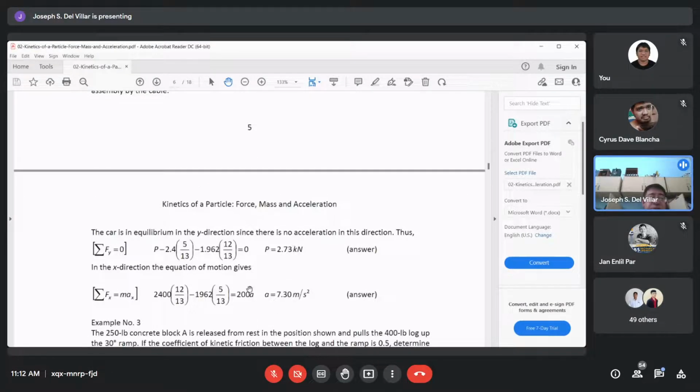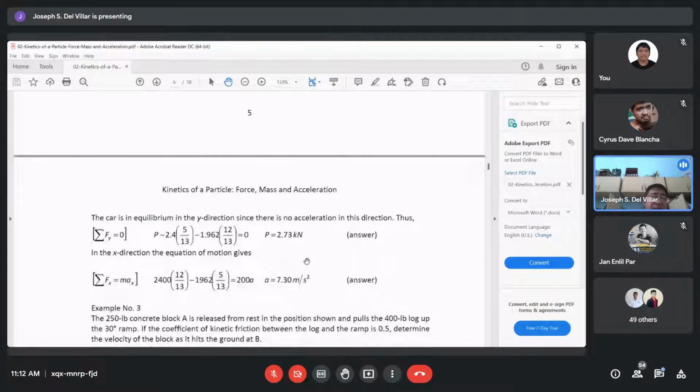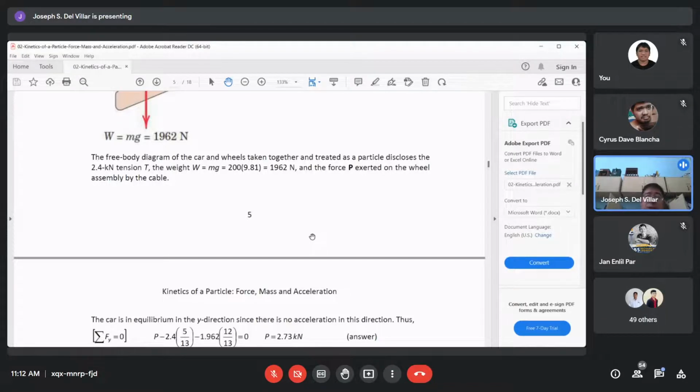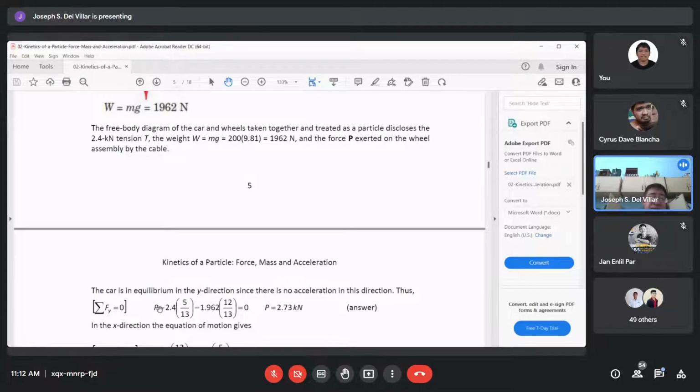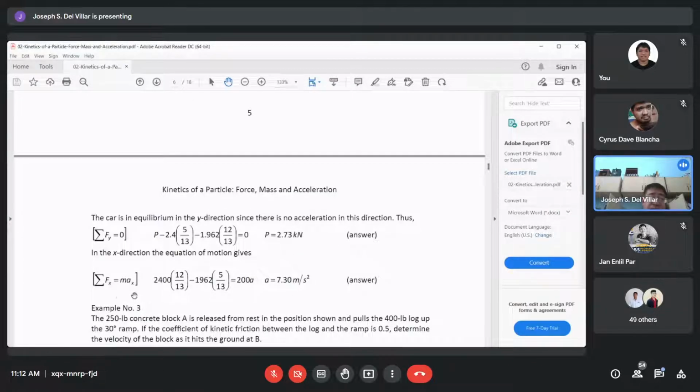Now, to get the acceleration, we use summation of F again. Why along X? Because that is where the motion is. In Y, none. That's why it is equated to 0, because its MAY is 0 because AY is 0. There is no acceleration along Y. It only has acceleration along X. So therefore, summation of Fx is equal to M times AX.